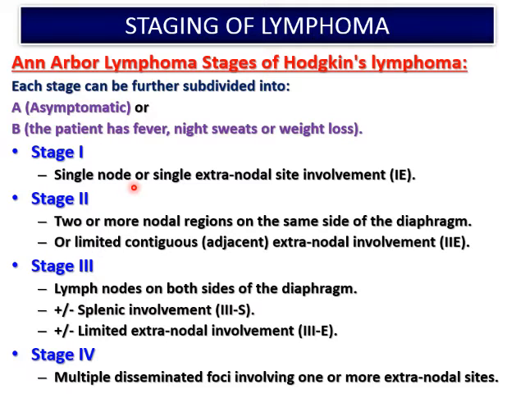Stage 1 means we have involvement of a single lymph node or involvement of a single extranodal site. Stage 2 means we have 2 or more lymph nodes affected, but on the same side of the diaphragm, either lymph nodes above the diaphragm, supradiaphragmatic, or below the diaphragm, infradiaphragmatic. Or stage 2 also may be due to limited adjacent involvement of an extranodal site.